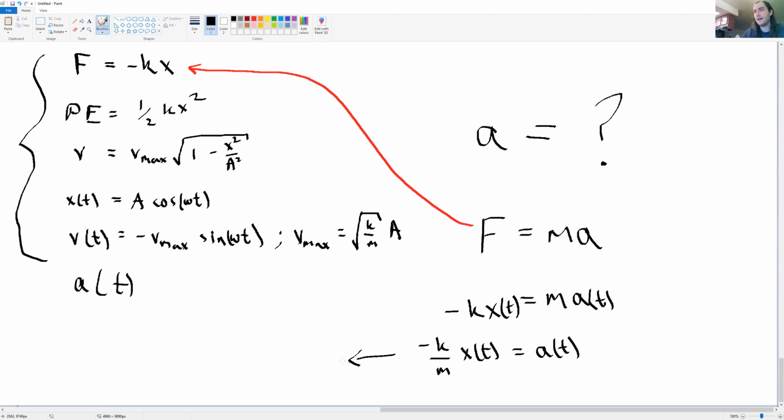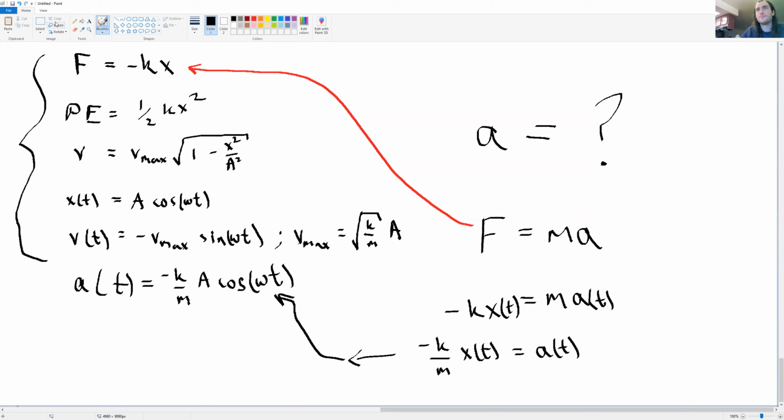Okay, so if we want to translate that now, over here, it's minus k over m times A cosine omega t.